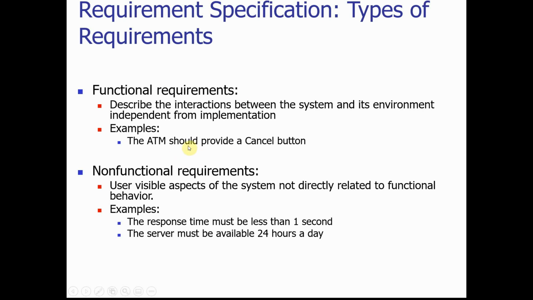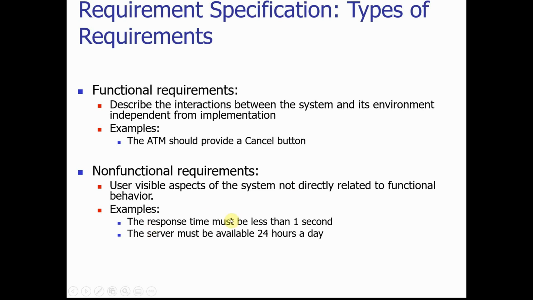But once we get down to the system requirement, we need to classify whether the requirement describes an interaction, or whether the requirement describes a performance issue. You know, so the non-functional requirement is a user-visible aspect of the system, but not directly related to functional behavior.